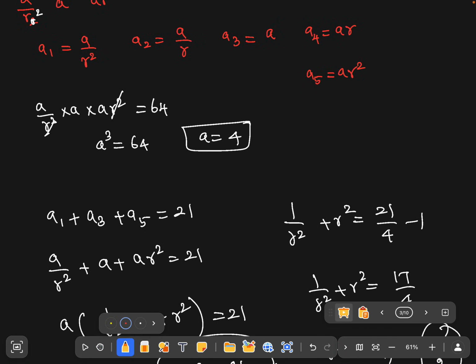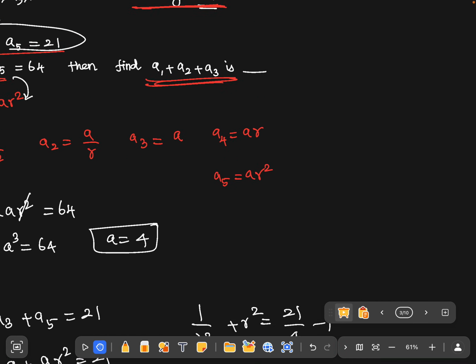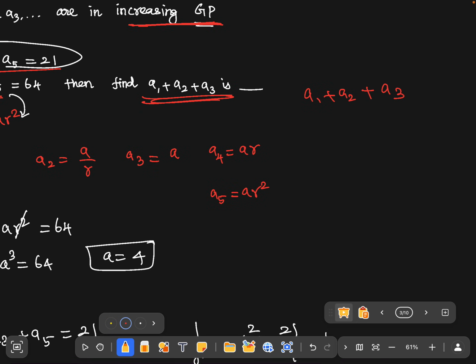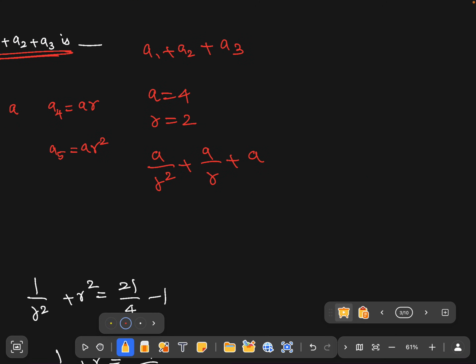So what is the question they are asking? We should find a1 plus a2 plus a3. So we know that a is going to be 4 and r is going to be 2. So a1 is a by r power 2, plus a2 which is a by r, plus a3 which is a. Now we have to substitute the value here.